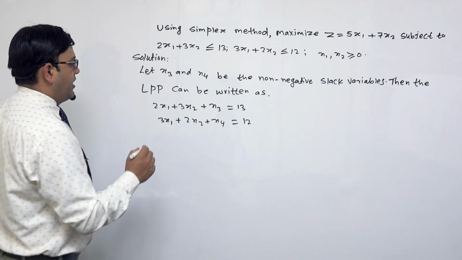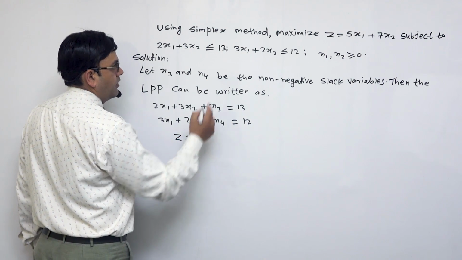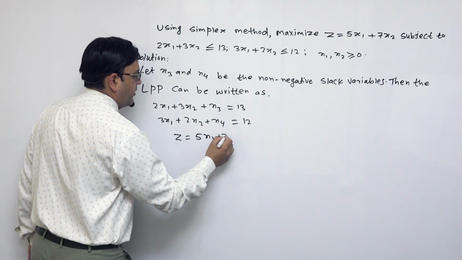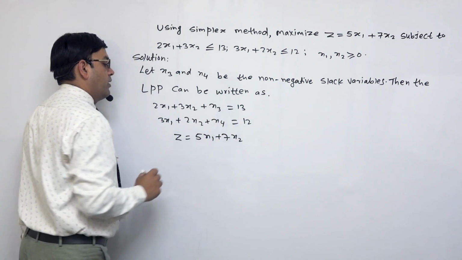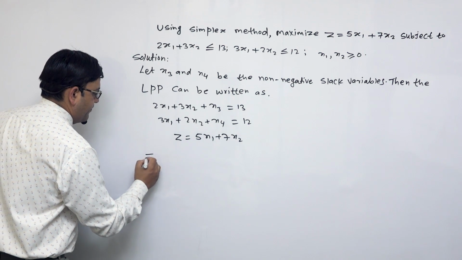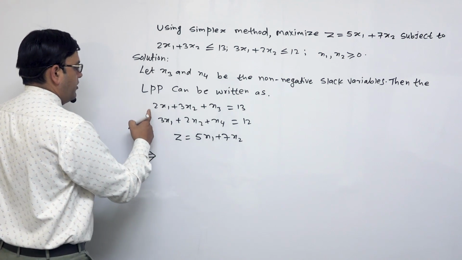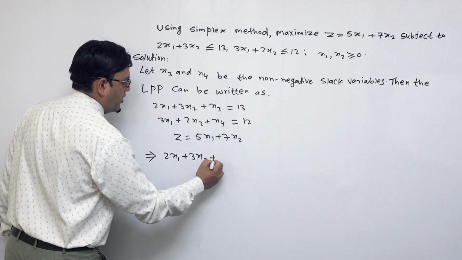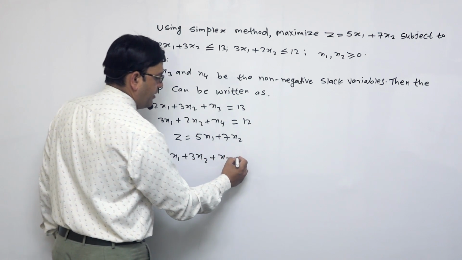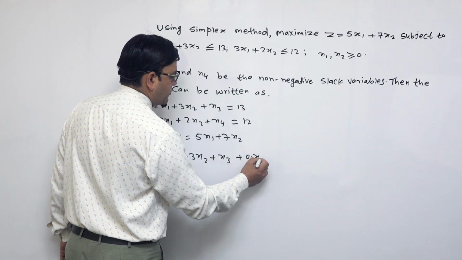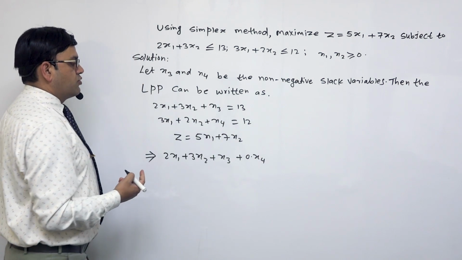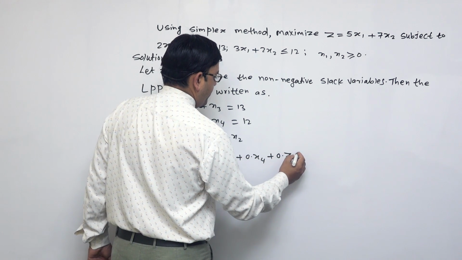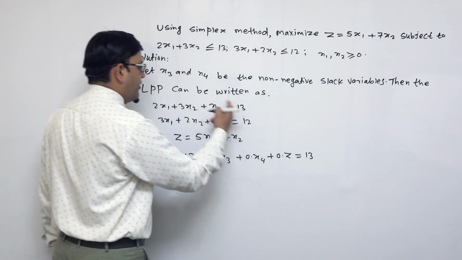And the next one is z = 5x1 + 7x2, which gives here 2x1 + 3x2 + x3, and then plus 0 times x4 because we don't have x4 here, and then plus 0 times z is equal to 13 because there is no z also.